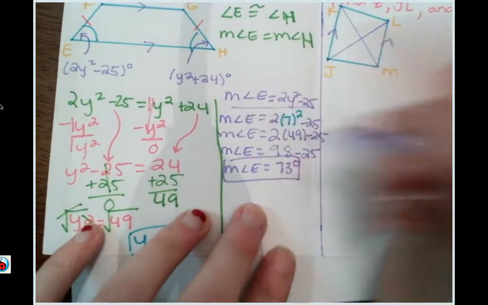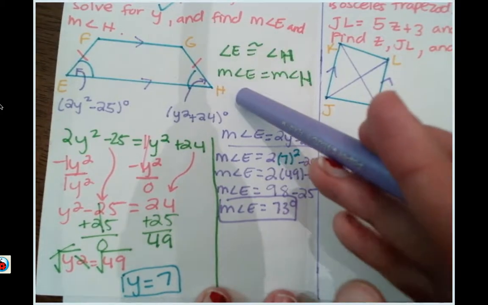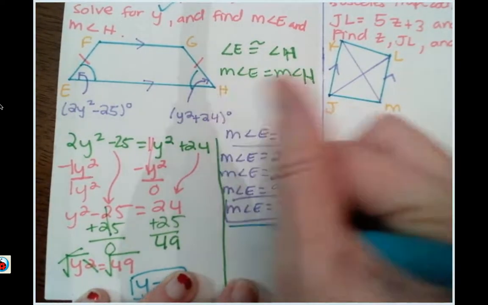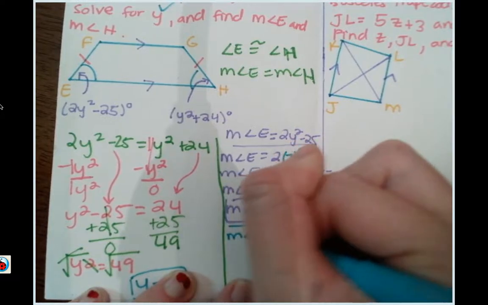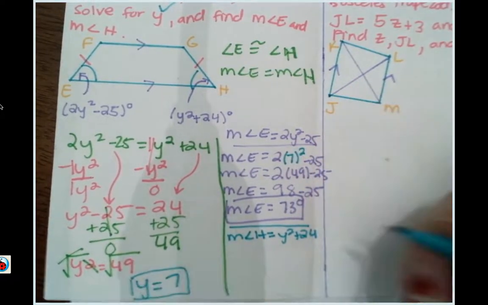Holy hot dog, you guys. If I did the problem correctly, the measure of angle H should also be 73 degrees. So let's see what happens when we solve for the measure of angle H. The measure of angle H equals y squared plus 24.